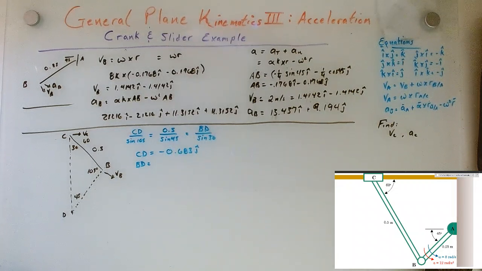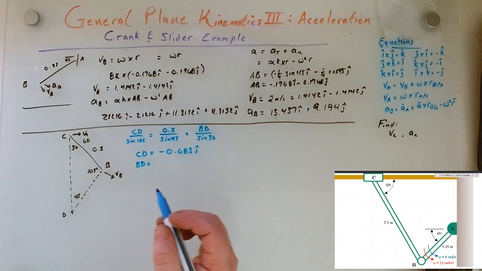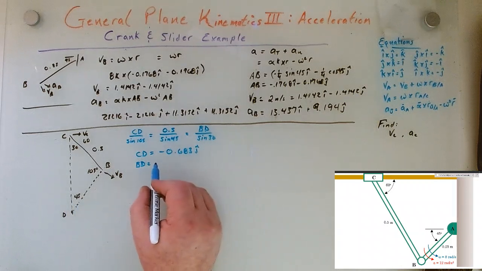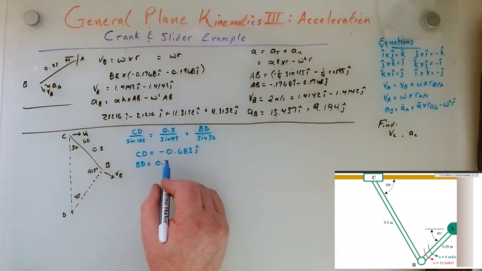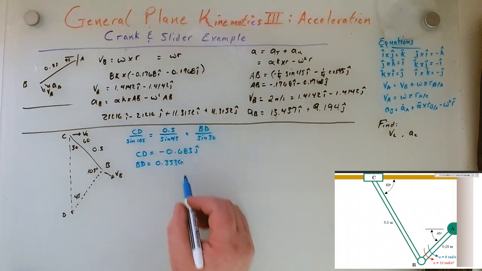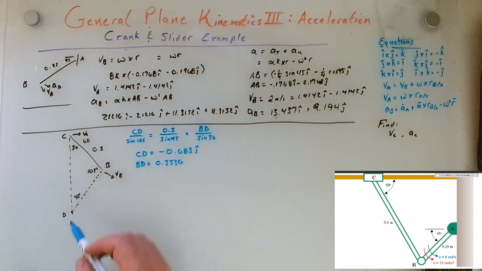That looks like I just have to change one number in the calculator. And that is 0.3536. So 0.3536 is our BD direction.